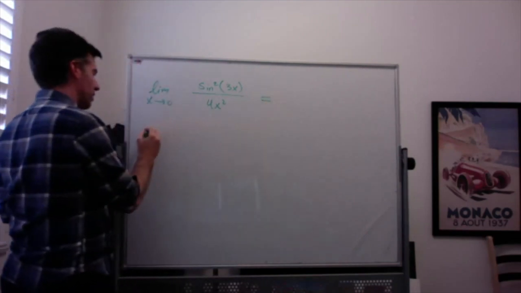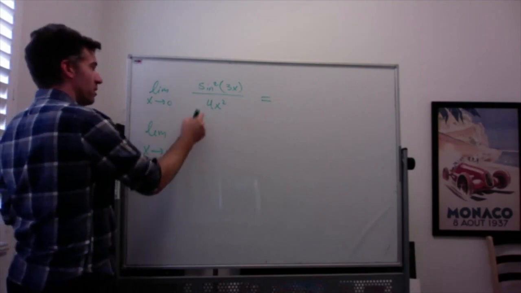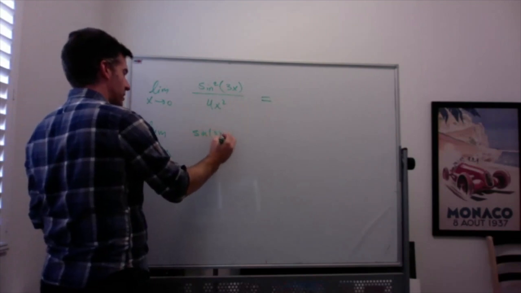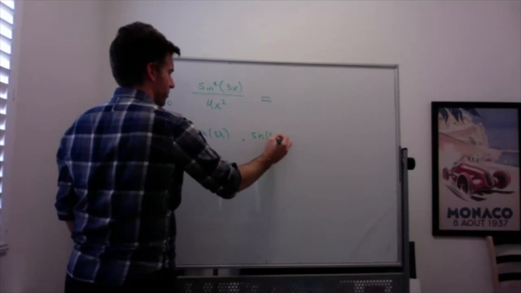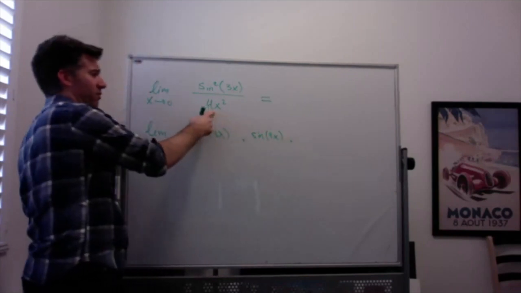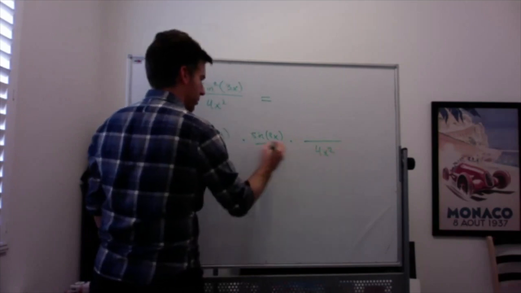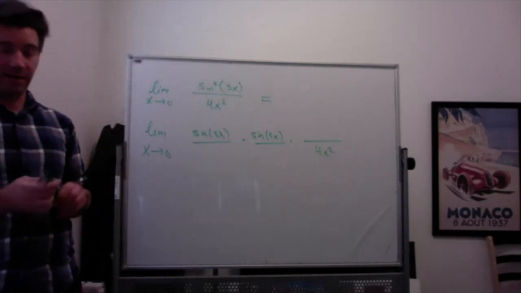So I'm going to write this as the limit as x goes to 0. Sine squared of 3x is sine of 3x times sine of 3x. And then divided by 4x squared is the same as multiplying by 1 over 4x squared. So that's the way I really want to write it. I find it very, very convenient to do so.